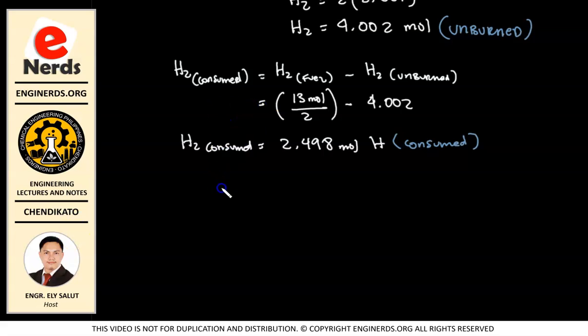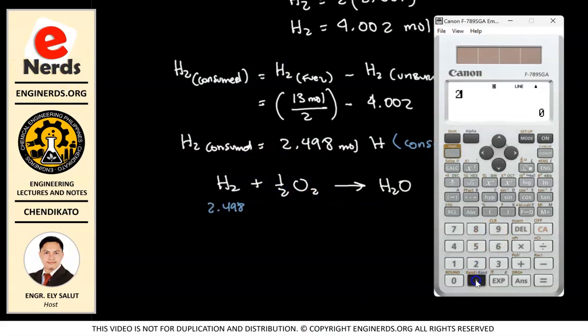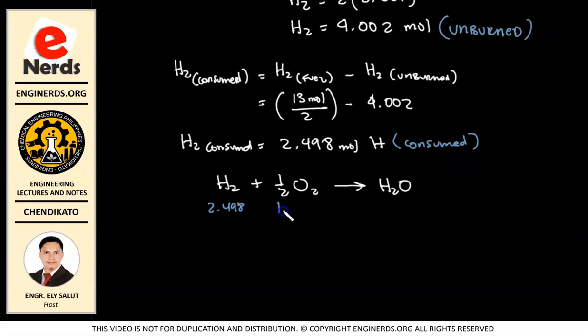So let us go back to our equation, which has H2 plus 1/2 O2 converting that to water, right? So how much H2 is consumed? We have 2.498. Dividing that by 2, we have 2.498 divided by 2, that is 1.249.